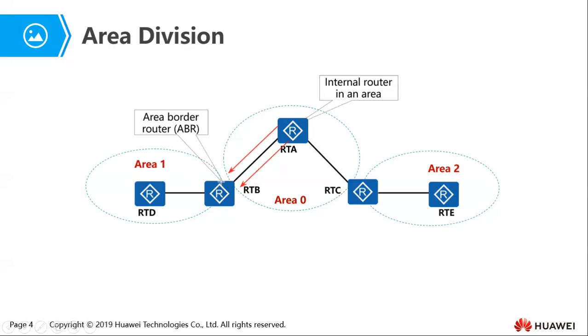Now, the work of the ABR is that it will convert these type 1 and type 2 LSAs into type 3 LSA and advertise it in area 1. So whatever it receives from that area, it's going to advertise it in area 1 as a type 3 LSA. So that's the main purpose of the area border router. We are going to see how that happens in the coming slides.